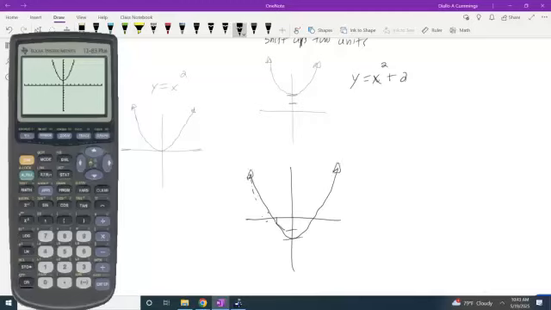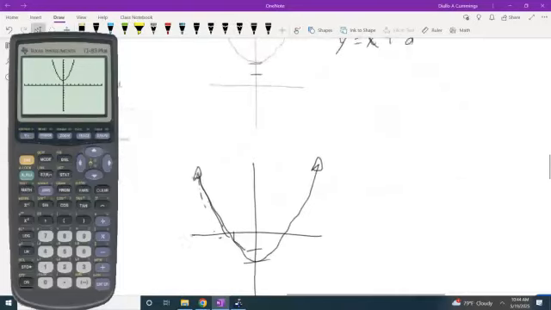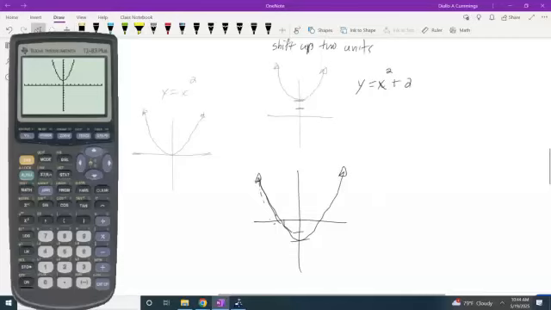That's supposed to be a U shape. What would my equation be? That's exactly correct. Y equal to x squared minus 2.